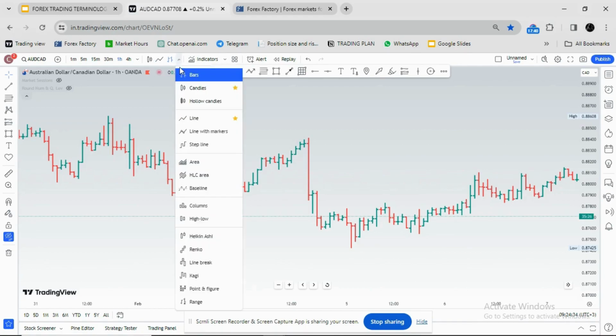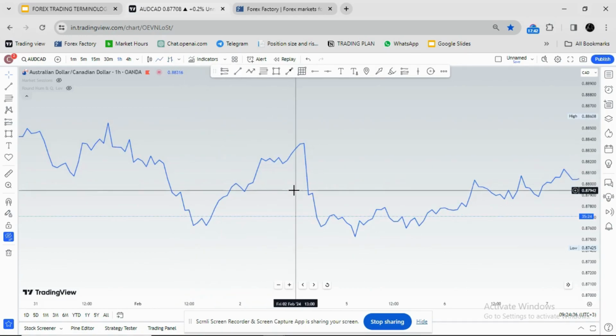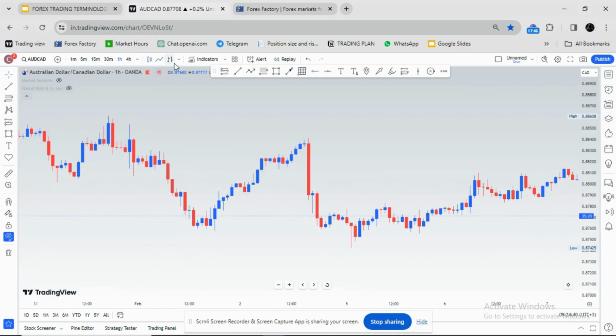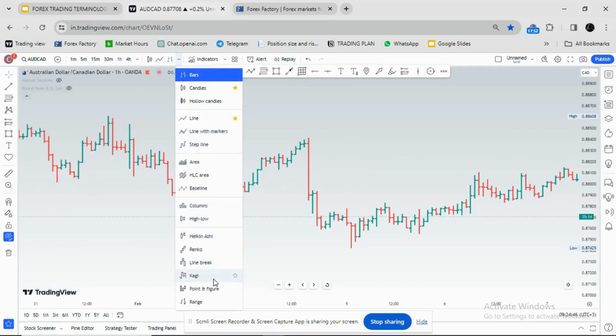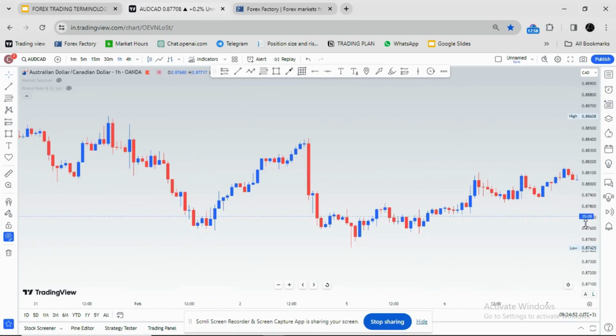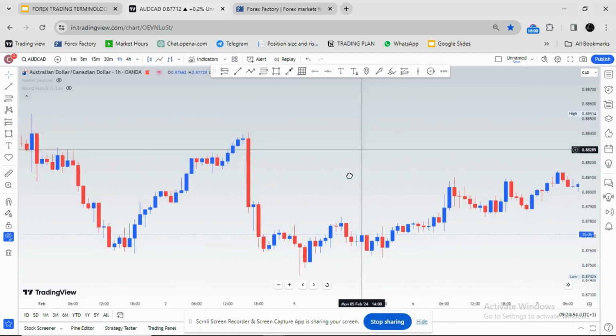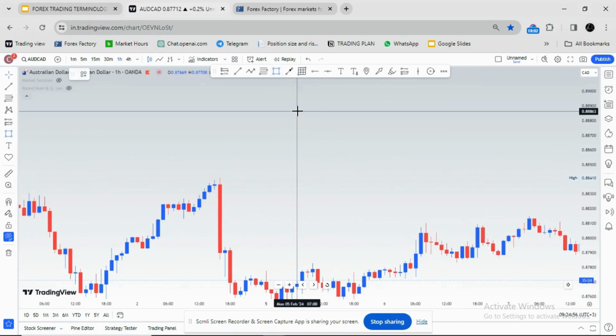We have bars, they look like that. We have line charts, they look like that. But my favorite is that one. And when we are checking for volume, we like those ones, right? There are many of them. I've never looked or tried any of these, but they are there, right? But let's focus on the candlestick charts because they happen to be my favorite charts.